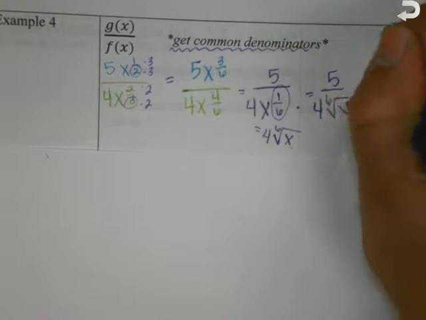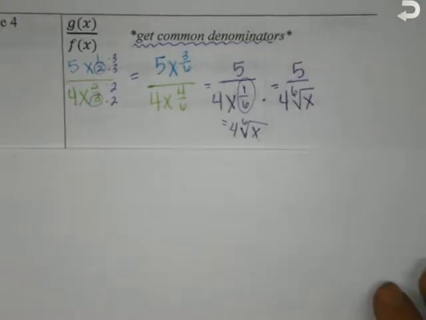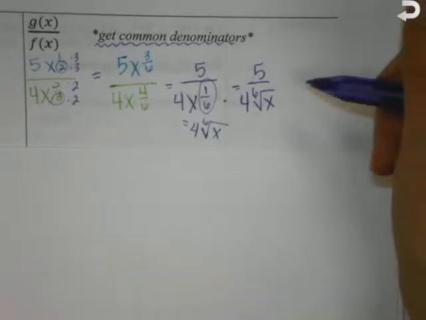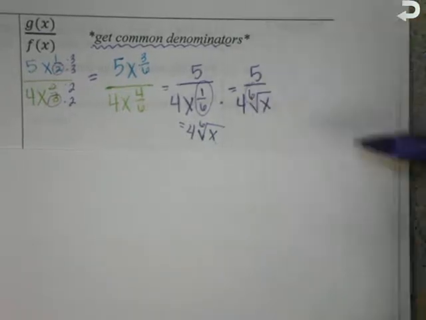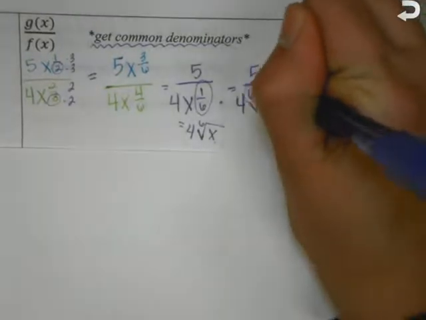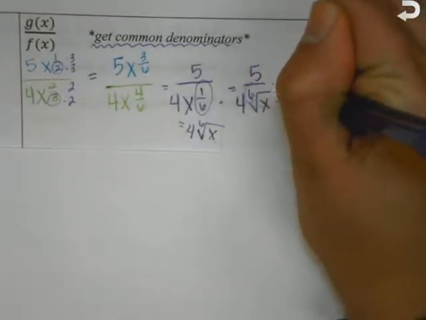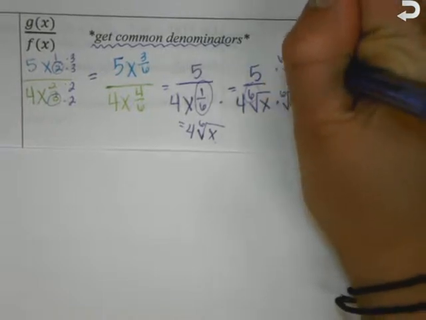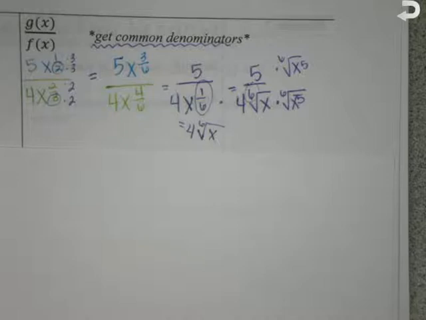Now remember, when we were trying to get rid of roots in the denominator, we're looking for groups of 6 this time. So how many x's am I missing? 5. So multiply the top and bottom by the 6th root of x to the 5th. We did this right before vacation. So we're looking for what's missing here.